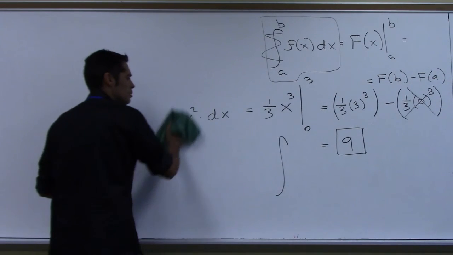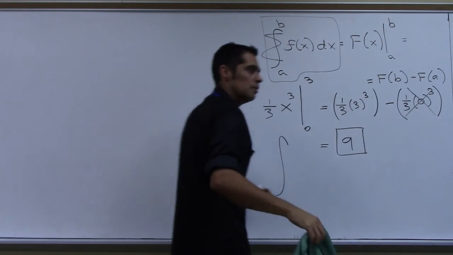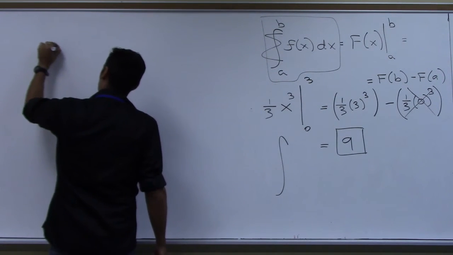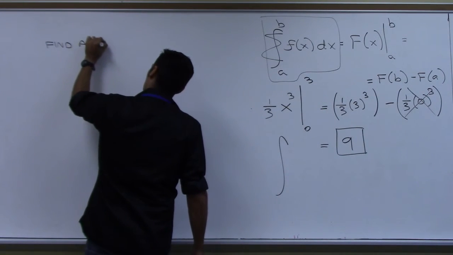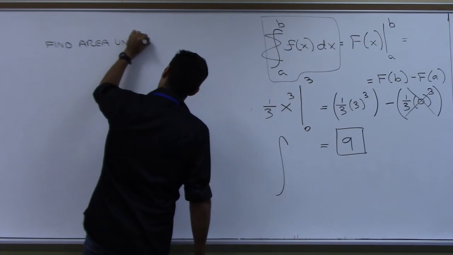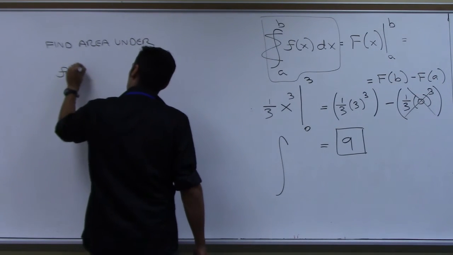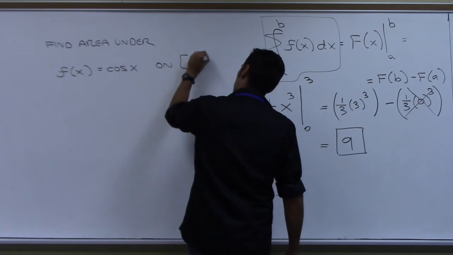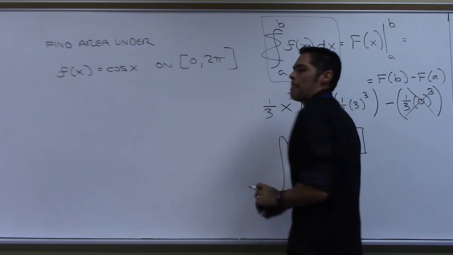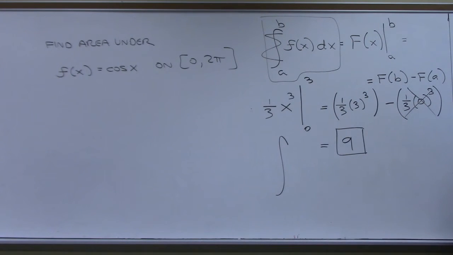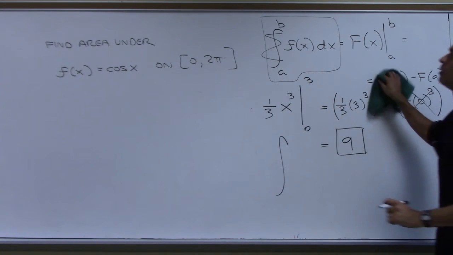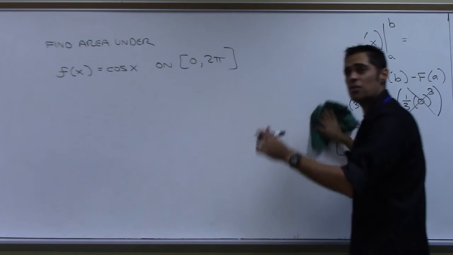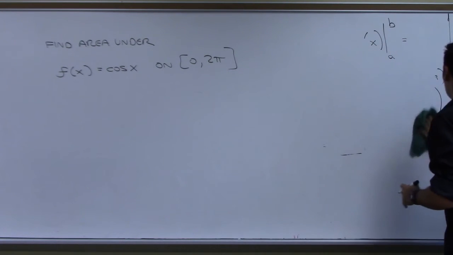Find the area under f of x equals cosine x on the interval 0 to 2 pi. Did you break it up? We could, yes. We'll talk about that in a second. Let's just try and apply the fundamental theorem real quick.